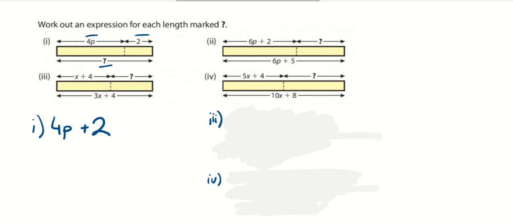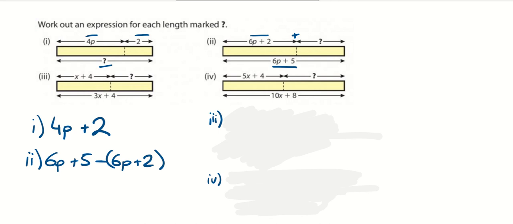But for part 2, that's this one up here, we see that 6p plus 5 is the same as 6p plus 2 plus the question mark. So what we actually have to do is 6p plus 5 minus 6p plus 2.